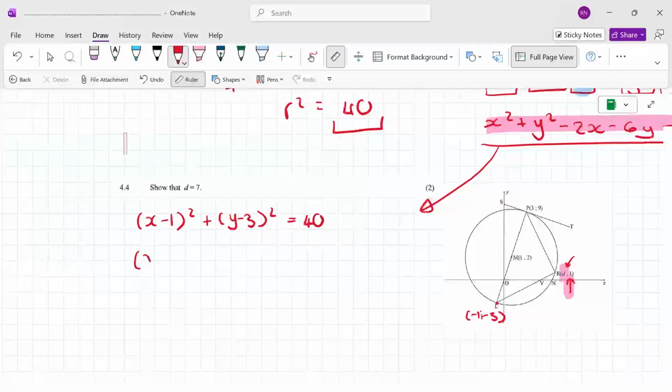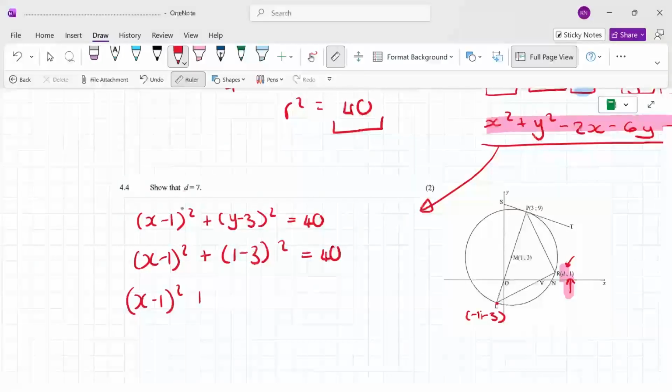So I'm going to just put in (x minus 1) squared plus y, which is (1 minus 3) squared, is equal to 40, right? And so (x minus 1) squared plus, this is going to be 1 minus 3, which is minus 2, right?